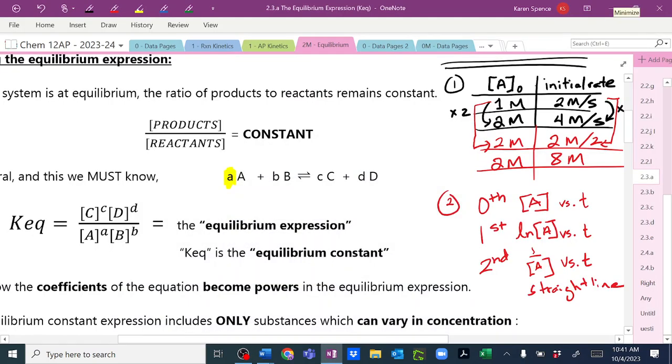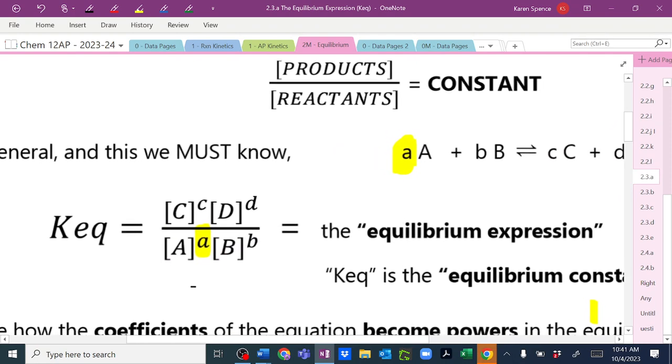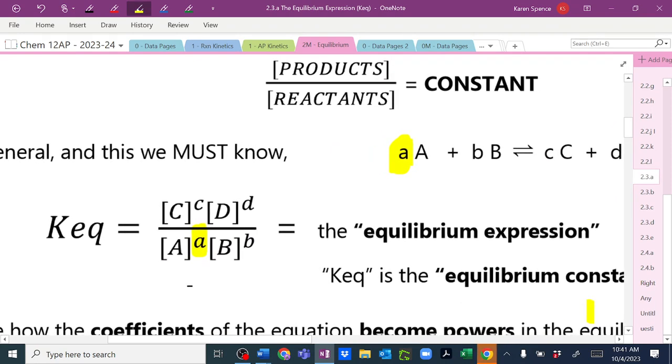Okay, so in a KEQ, what do we do with our coefficient? We use it as the exponent. Yes? So if the coefficient of A is little a, then we raise the concentration of A to the exponent, the coefficient.